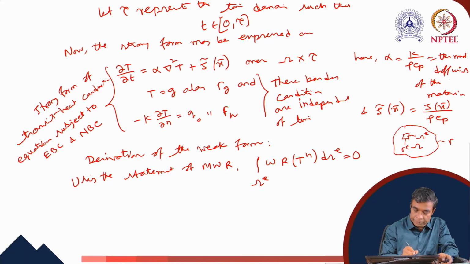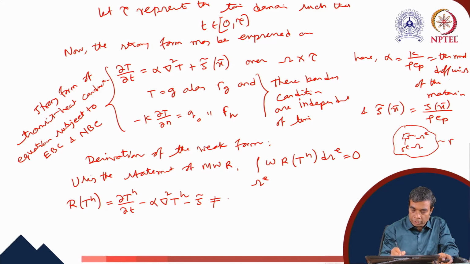Here R of the approximate solution for temperature Th is given as del Th del t minus alpha del square Th minus S tilde, not equal to 0.